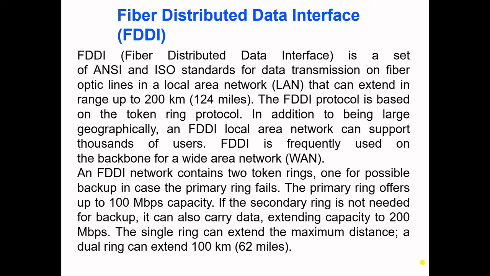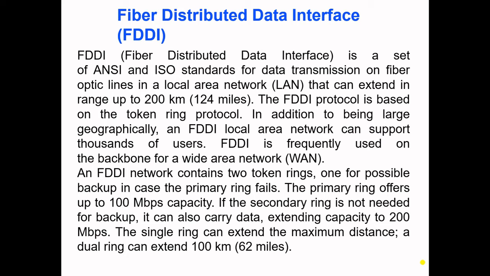Now, what is FDDI? FDDI, Fiber Distributed Data Interface, is a set of ANSI and ISO standards for data transmission on fiber optic lines in a local area network that can extend in range up to 200 kilometers or 124 miles. Okay, so what is ANSI?